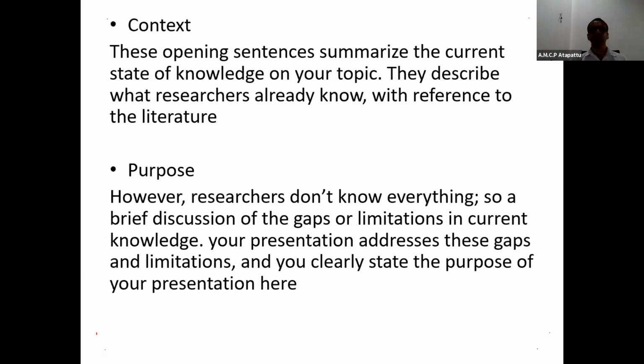Right, now see, context, existing knowledge. The opening sentence summarizes the current state of knowledge. That's what I mentioned, existing knowledge you are going to discuss here. I have taken an example as well, so you can understand further. What researchers already know, with reference to the literature review.